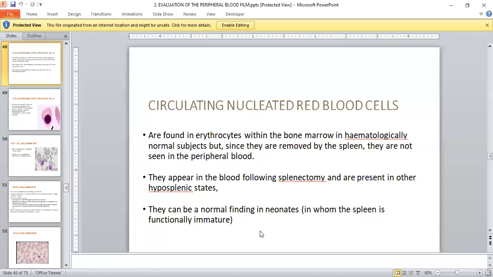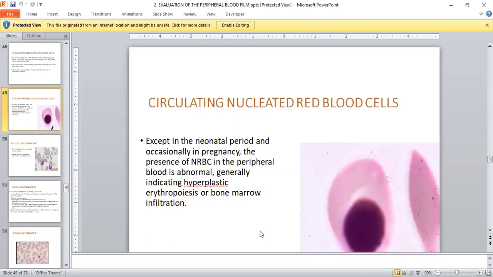You can also find them in neonates because the spleen has not yet fully developed, so it's not functioning as it should, meaning these cells are not being removed. You can also find them in pregnant women because of the placental exchange, basically because of the child's blood components being passed on to the mother's blood. So they'll also be included there.